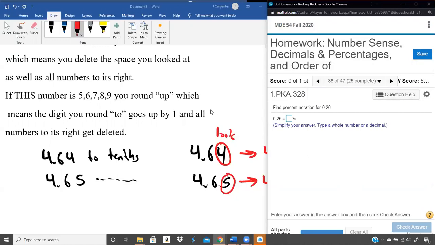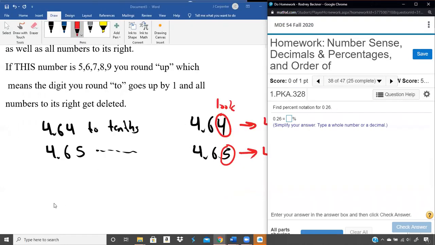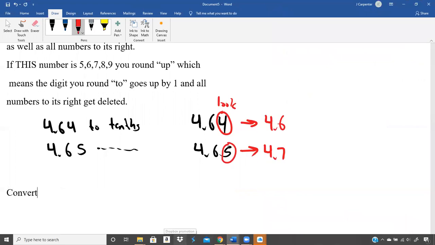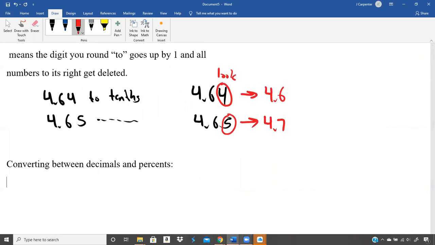All right, something that you're going to see constantly throughout this semester, something you saw me do last class, I believe. Maybe not today's class, Tuesday's class, converting between decimals and percents, and by that I mean the 154 class. Converting between decimals and percents is all about moving a decimal place. So it depends on which way you're going.